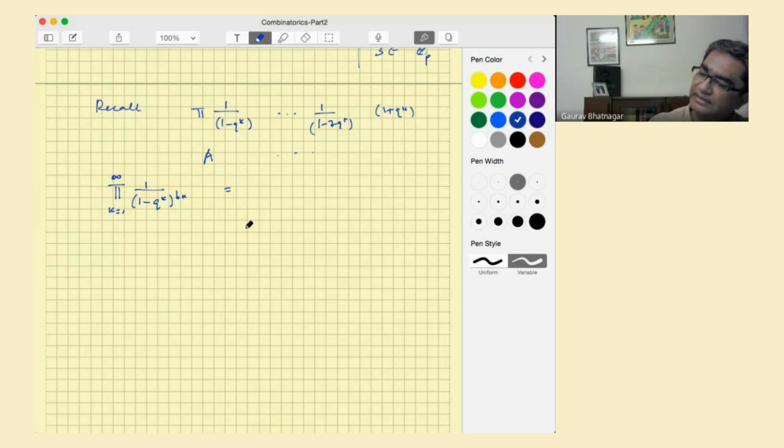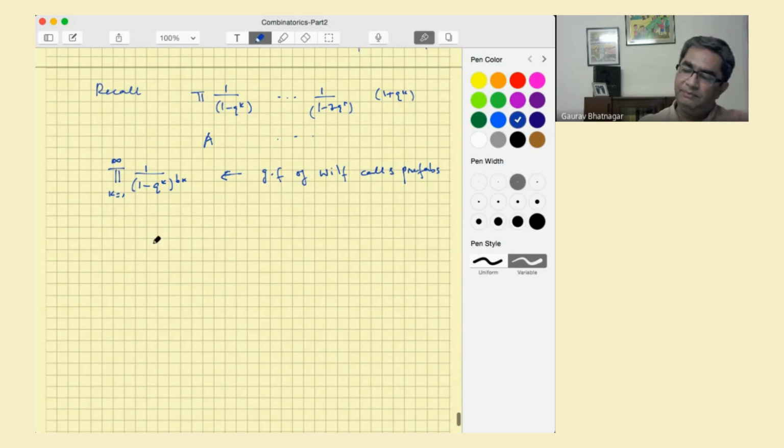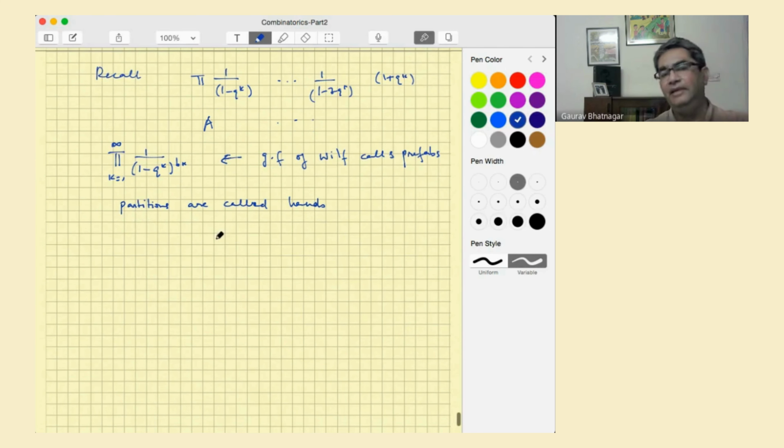But this is called a prefab. So this is a generating function of what Wilf calls prefabs. And the partitions, I'll explain what this terminology is. The partitions are called hands. There are two competing views on this. If you're reading Wilf, then this is what he calls them.